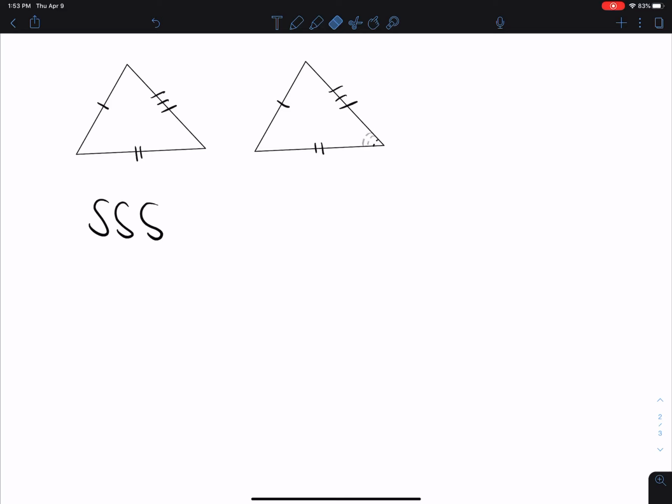So if we can prove that all 3 sides are congruent to each other, then the triangles are congruent. So here we have side 1, side 2, side 3, and that's congruent in the other triangle, side 1, side 2, and side 3.